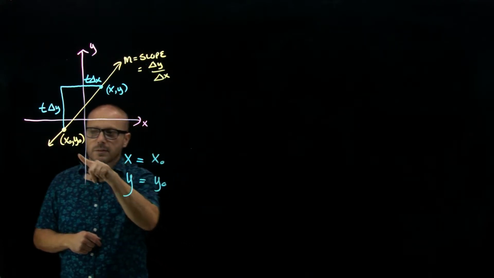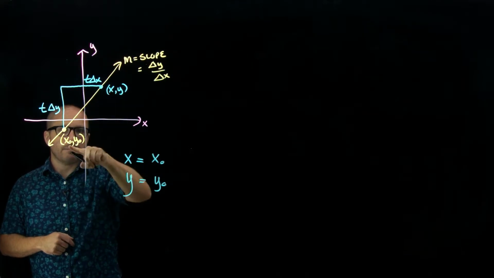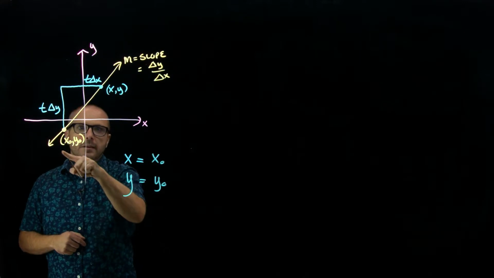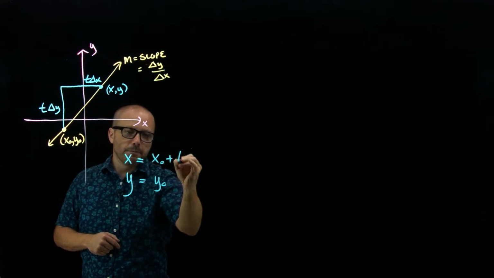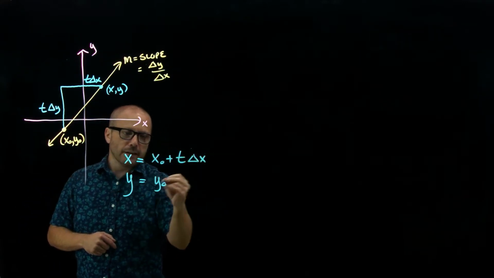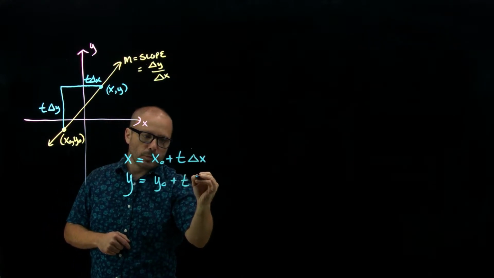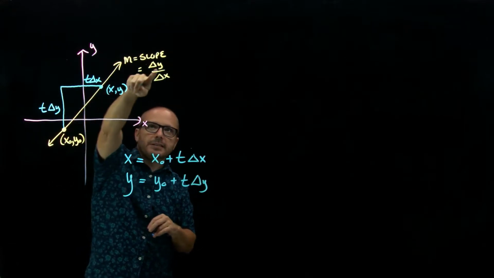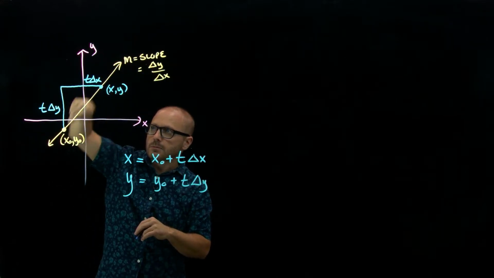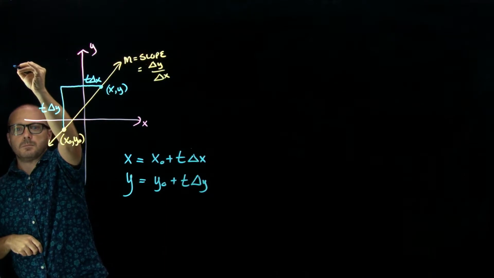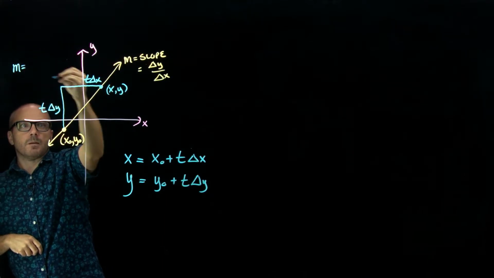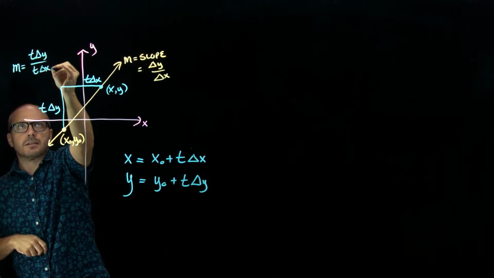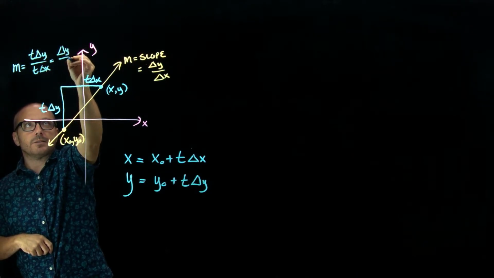So that means what's true of every point on the line is it's our initial point, plus, from our known point, some multiple of delta x and some multiple of delta y, right? Because even if these aren't exactly those numbers, the ratio, t delta y over t delta x, is delta y over delta x.